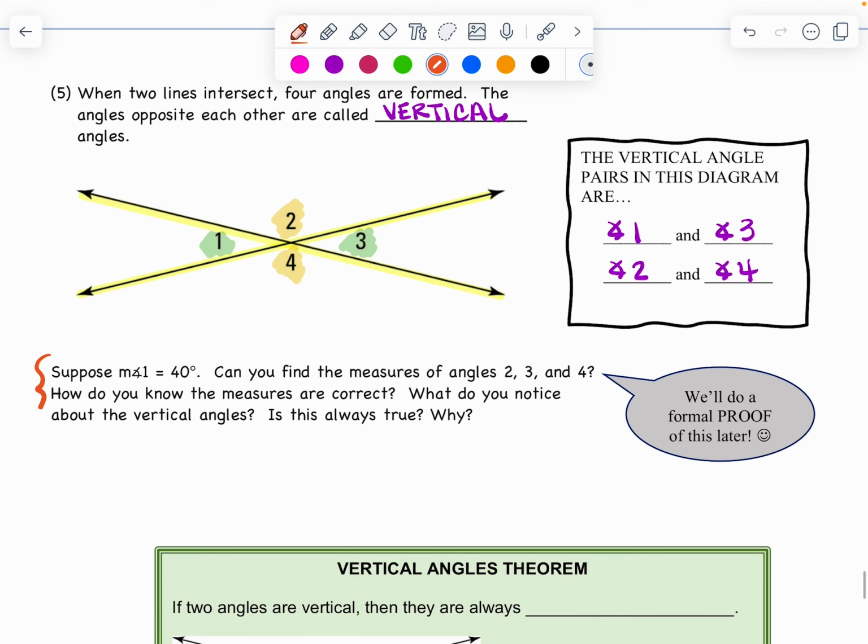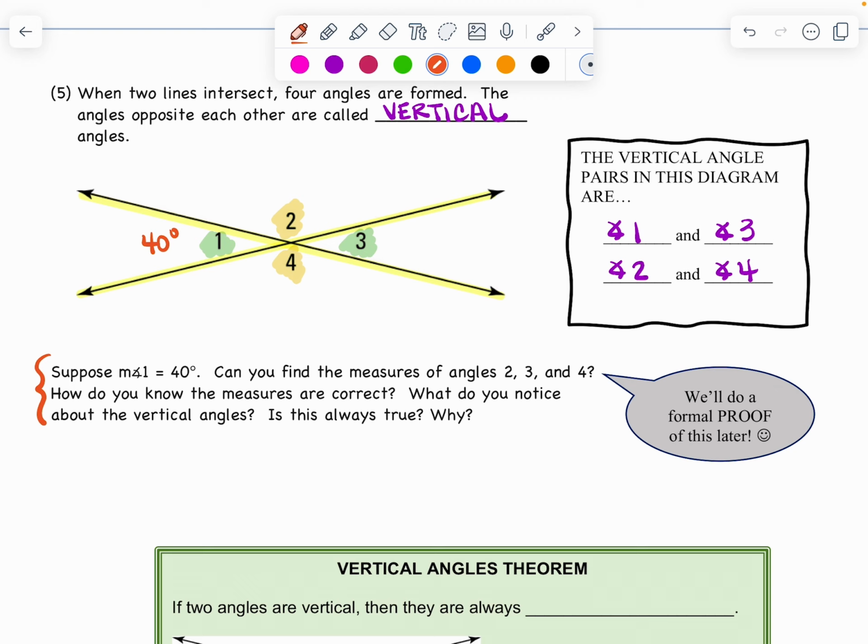If you look at this little blurb right here, suppose the measure of angle 1 is 40 degrees. Okay. So we're going to do what I would call an informal proof, right? Informal proofs use actual numbers to prove other numbers, right? We will actually do the formal proof, which does not use numbers, later on in Unit 2.